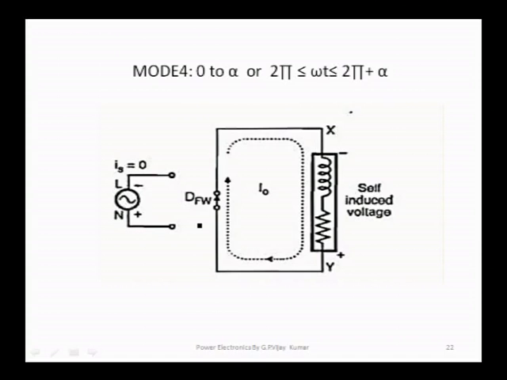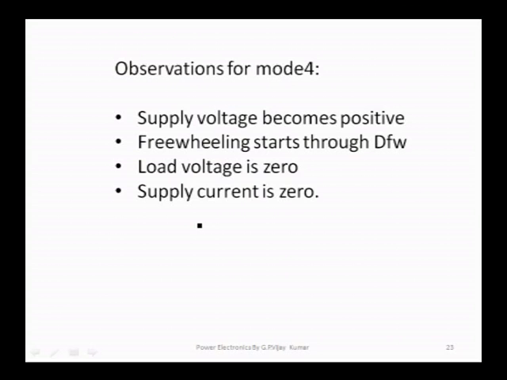Now, this is mode 4, from 2 pi to 2 pi plus alpha, that is, 0 to alpha. Here again the freewheeling diode comes into picture, and the supply current Is is equal to 0. See the observations of mode 4.